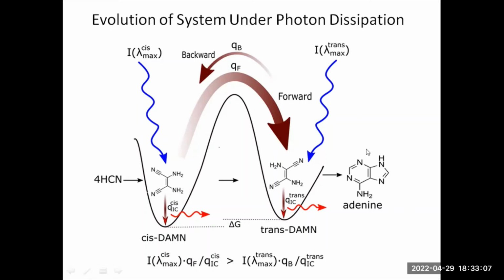So we finally arrive at adenine, which is very stable, and there are no chemical reactions taking it to another state, because whenever it absorbs a photon, almost immediately it goes to the ground state through internal conversion. So that's why we're left with adenine.